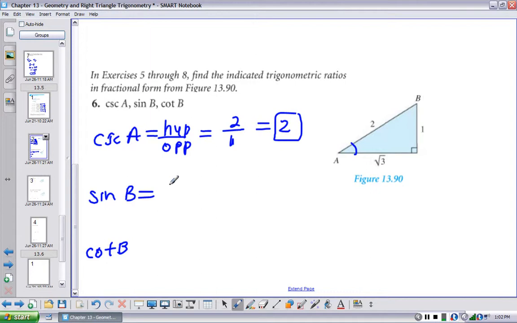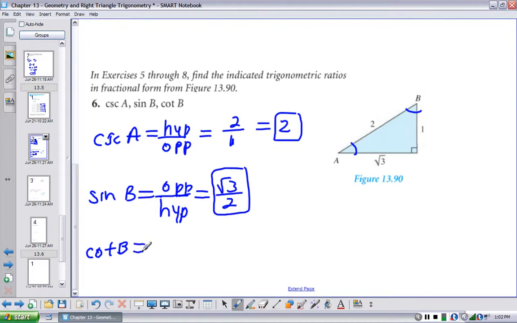We're looking at sine of B. Sine is opposite over hypotenuse. So this is B. Opposite is the square root of 3 over hypotenuse of 2. So square root of 3 over 2.